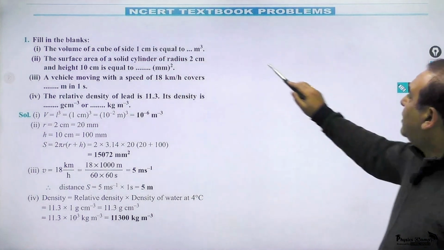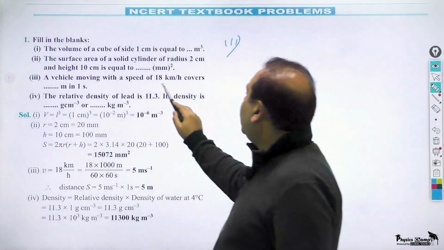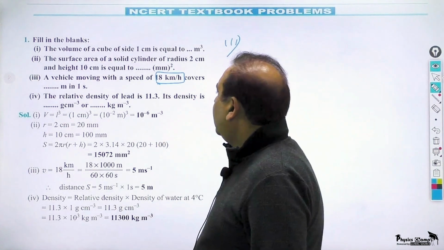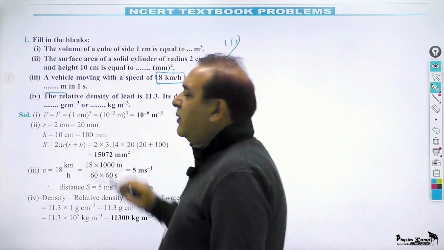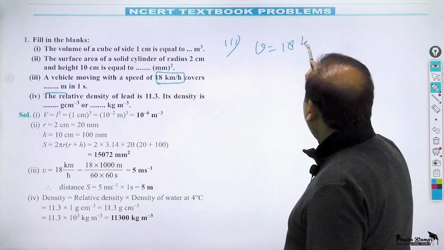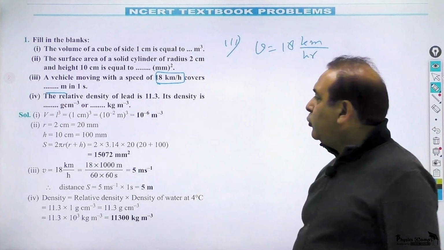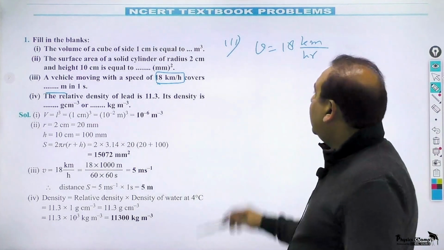Let's come to the third part. A vehicle is moving with 18 km per hour, how many meter does it cover in 1 second? So speed is given as 18 km per hour. The question is, how many meter in 1 second?